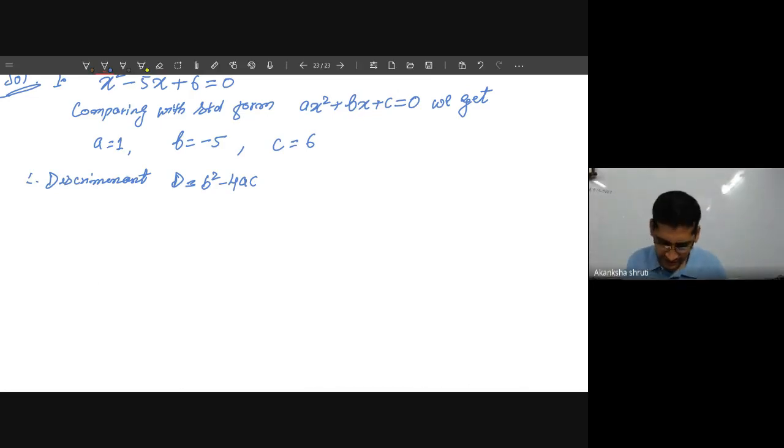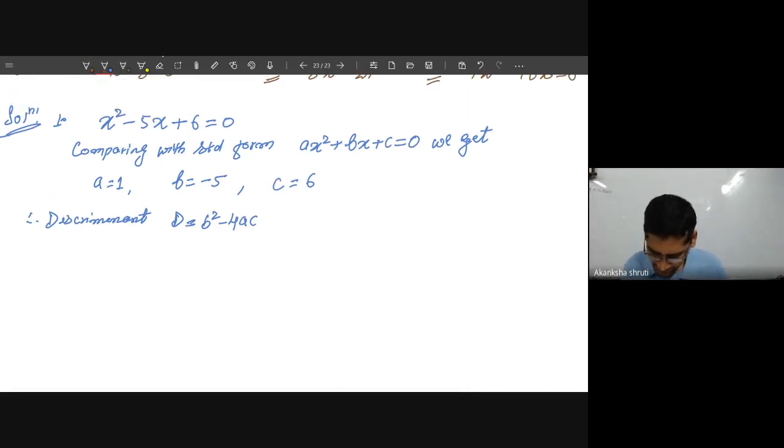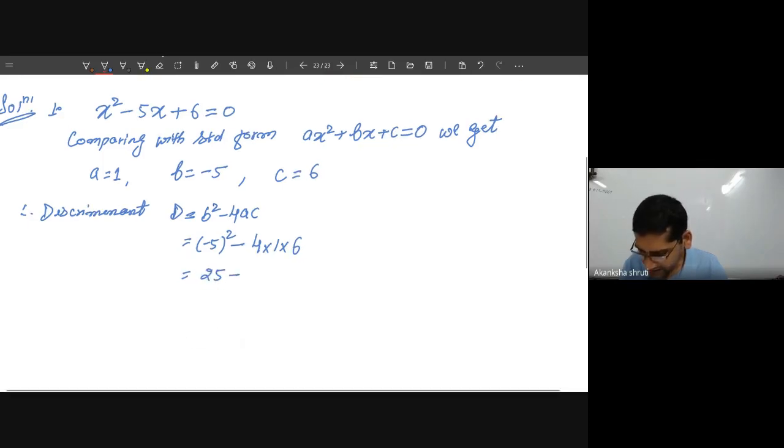For calculation, I have to substitute whatever a, b, c we have written here by comparing with the standard form. So b is minus 5, so this much square, minus 4, a was 1, c was again 6. It becomes 25 minus 24.